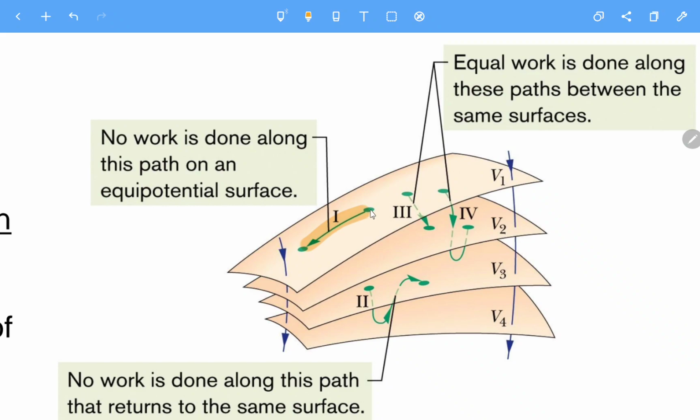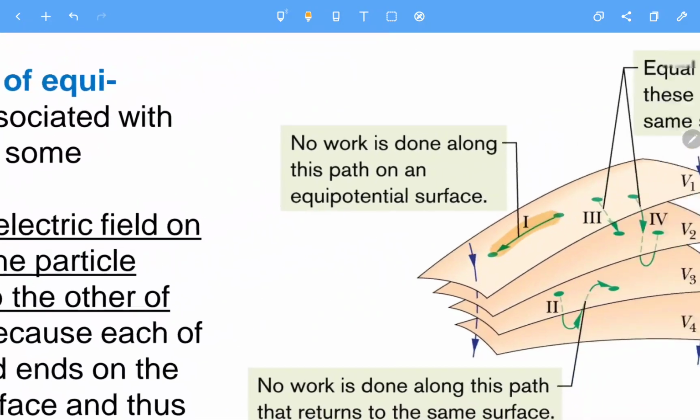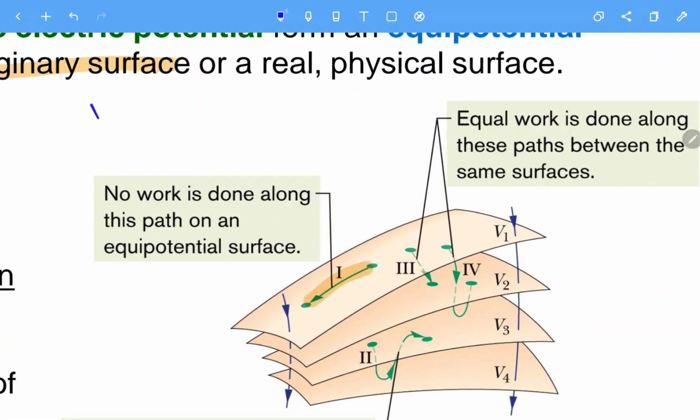Which means that if the charge moves from here to there, the work done will be 0, because work done is negative delta U, equals negative Q times Vf minus Vi.